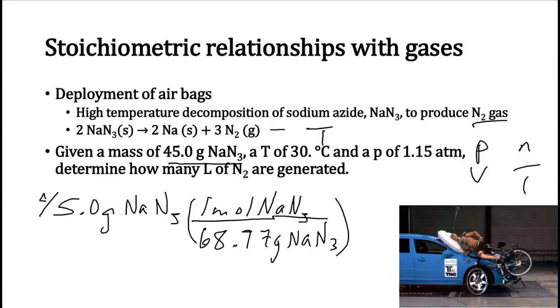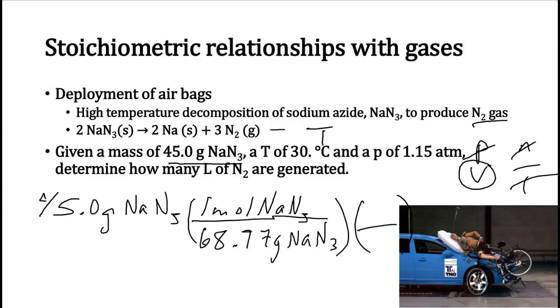Well, what do we know? We know the pressure. We know the temperature. We're looking for the volume, so that means we have to calculate the moles. So we solve for the moles, converting grams of sodium azide to moles, and then we'd have to do a stoichiometric conversion.